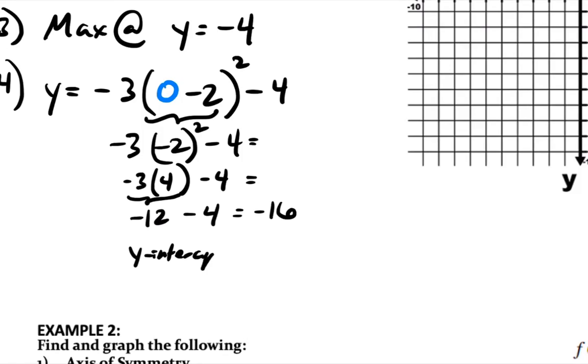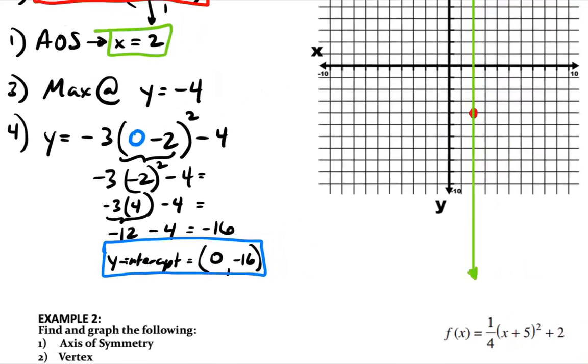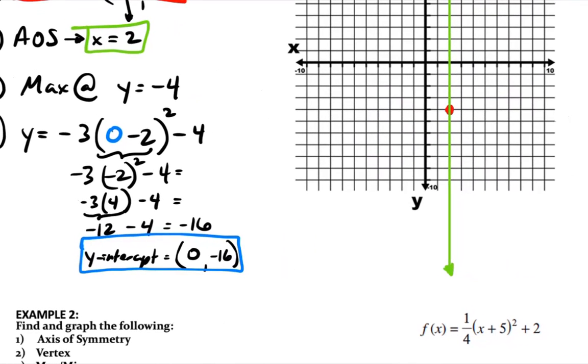So I have a y-intercept at -16, 0, -16. I gotta go make that dot. Well, -16 is way off my graph.